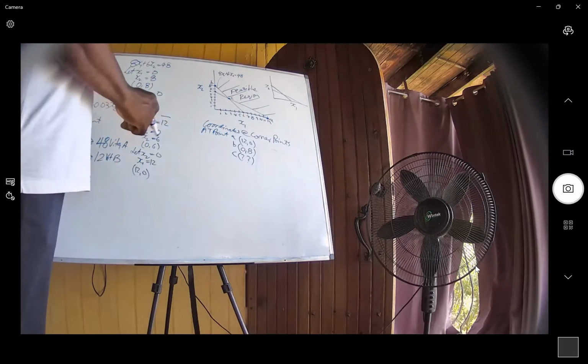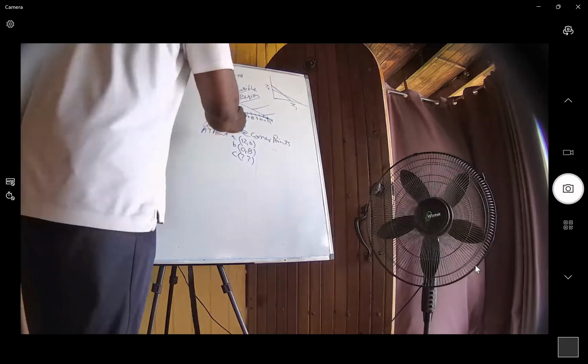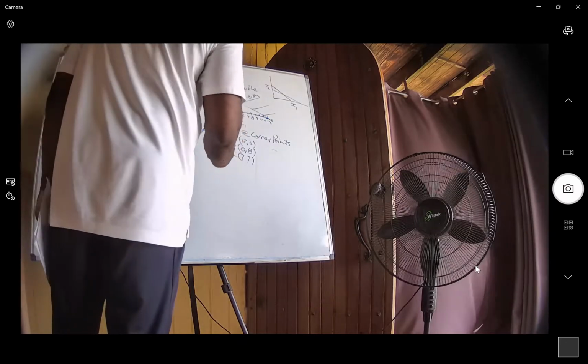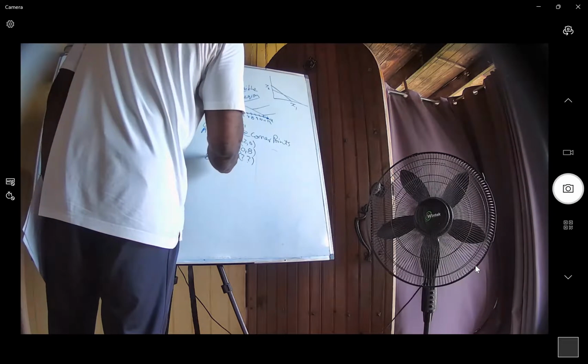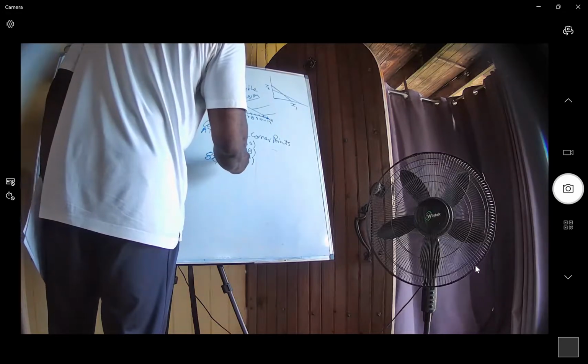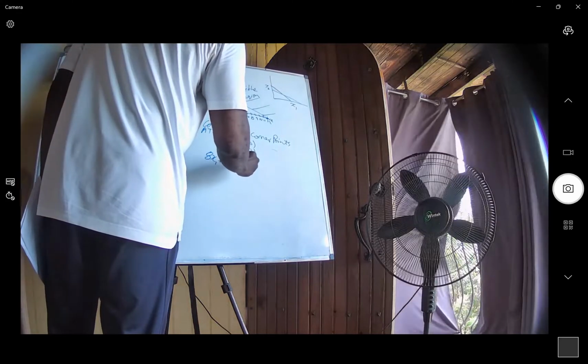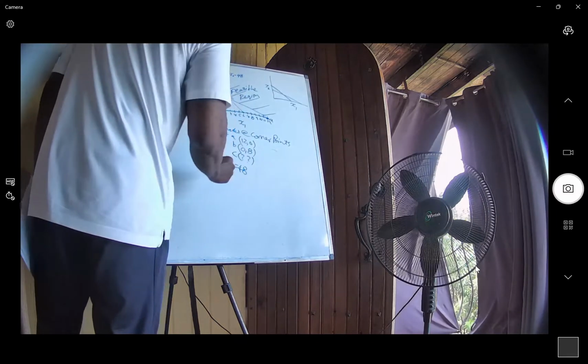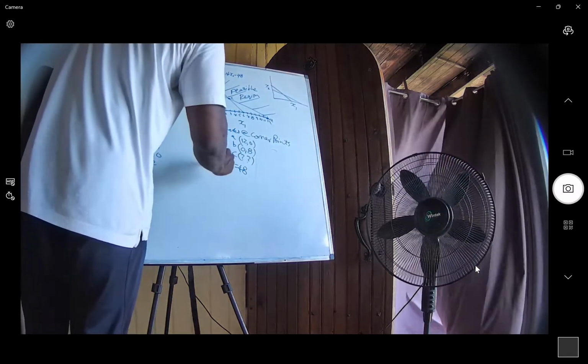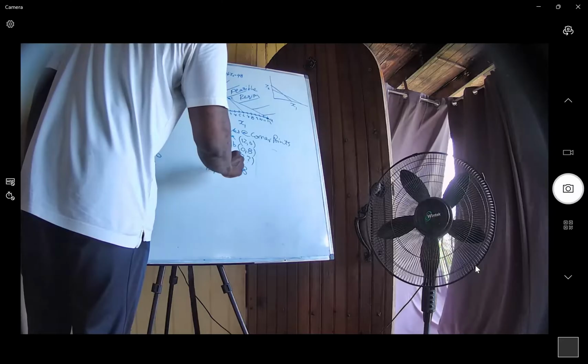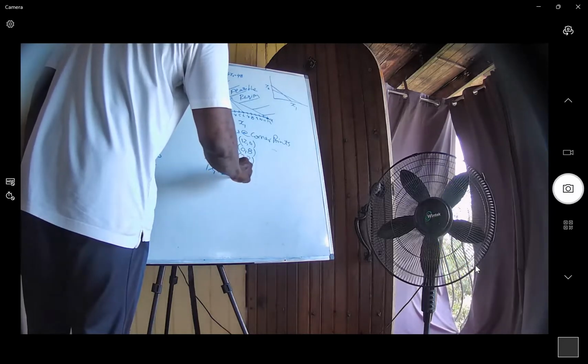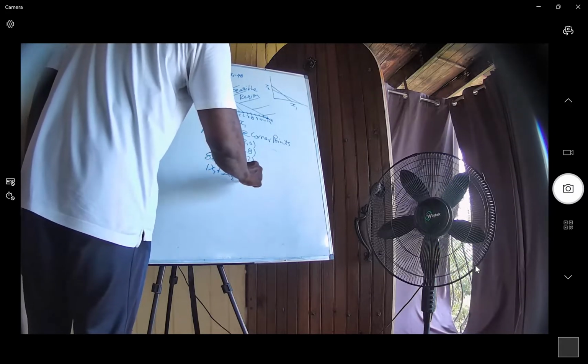Right? So let's solve simultaneous equations to get that then. C. It's going to be 8x1 plus 6x2 equals 48. And the other one, 1x1 plus 2x2 equals 12.